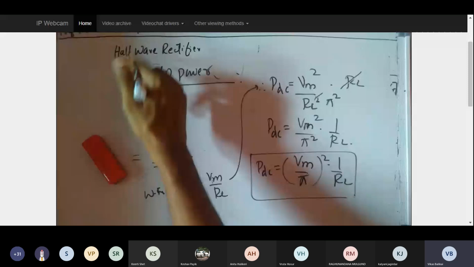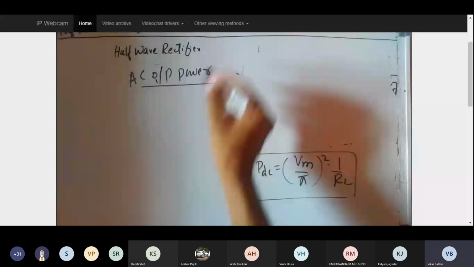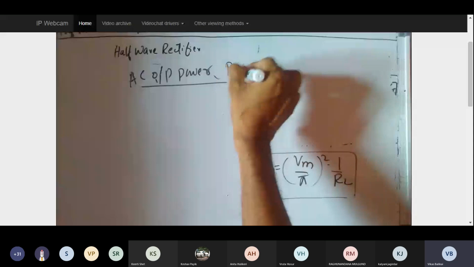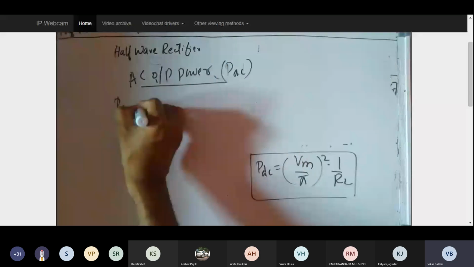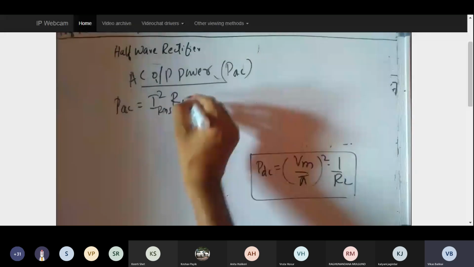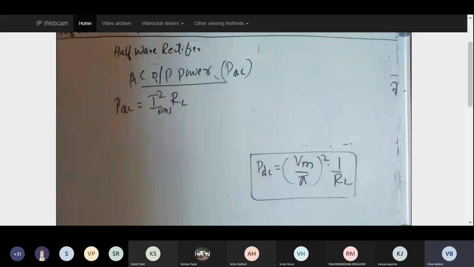So I consider the derivation of PAC with a value of I square into RL, where I take the RMS value of the current. Because we just discussed the reason behind considering the value of AC current not as AC but rather as IRMS: if I take the AC average, the AC content all becomes 0, plus 5, minus 5, plus 5, minus 5. That's the reason whenever I talk about the AC value, IRMS will come, and whenever I talk about the DC value, the respective DC value will come.